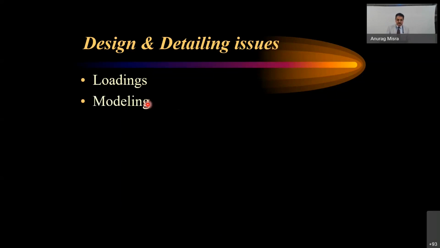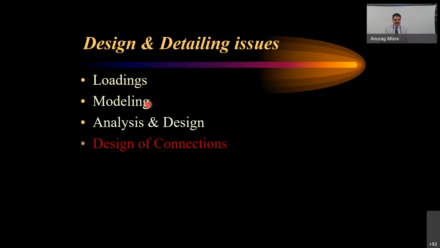Then the modeling issues, that is how we are modeling our structure, whether we are going with a single portal kind of thing, or designing it as a space frame. Then we move on to the analysis and design, and then design of connections, which is one of the most important points in steel buildings.